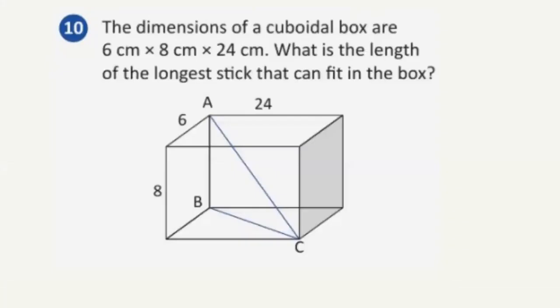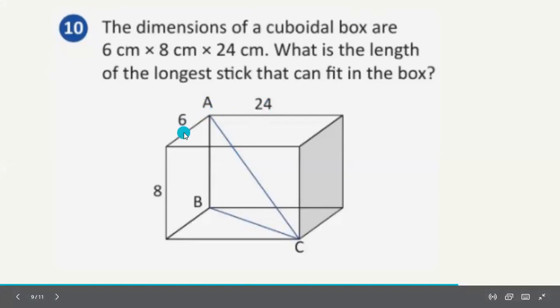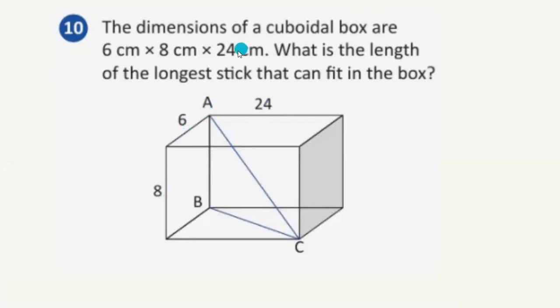Next problem. The dimensions of a cuboidal box are 6 centimeters, 8 centimeters and 24 centimeters. What is the length of the longest stick that can fit in the box? I am going to place a stick inside the box, which will obviously lie along the diagonal.